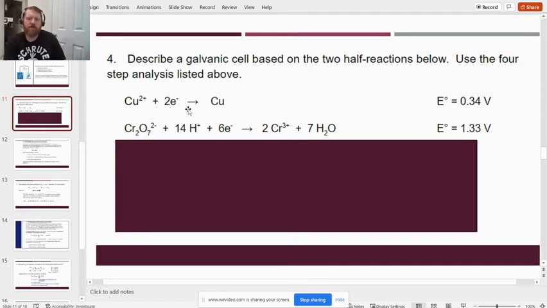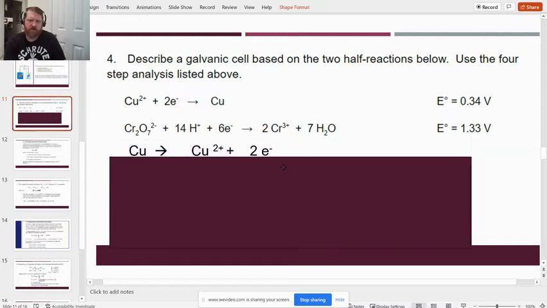But as I'm looking at this, I see that they're both positive values. So when I flip one of them around, because as they're written, they're both gaining electrons, one of them has to lose electrons. It can't be the second one. If I flip the second one, I'd end up with a negative voltage. So I flipped the first one around.